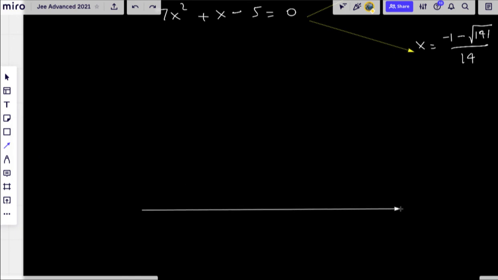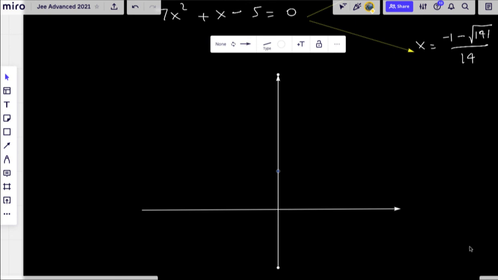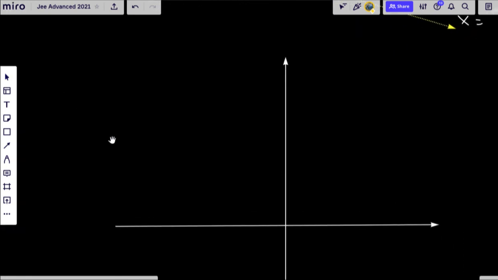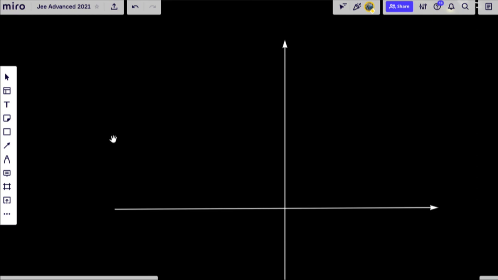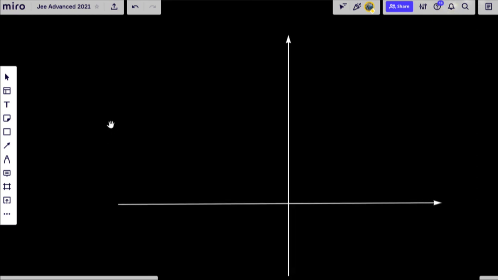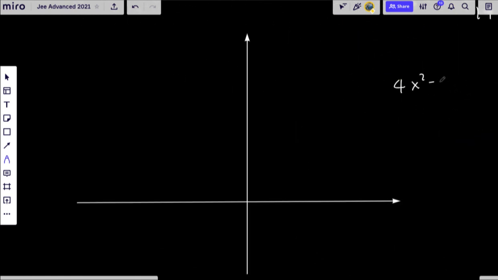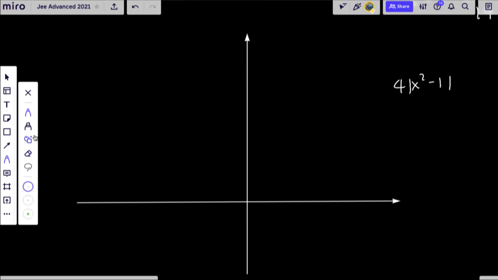So if we draw this, on the x-axis, and let's say this is the y-axis, let me draw the curves of 4 times mod of x square minus 1 and 3x square plus x plus 1, that is of x square minus 1 mod. Let me draw this one.